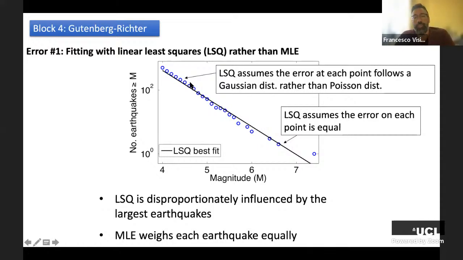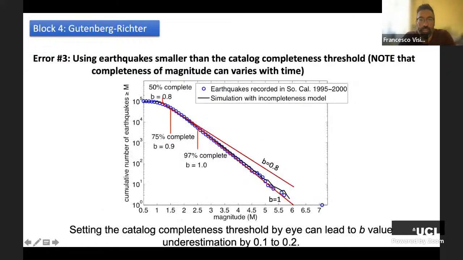So at the end, maybe you can get, from a visual point of view, a line that fits your points very well. But note that least squares is disproportionately influenced by the largest earthquakes. Instead, the maximum likelihood estimator weights each earthquake equally. So this is one of the first common errors I see.